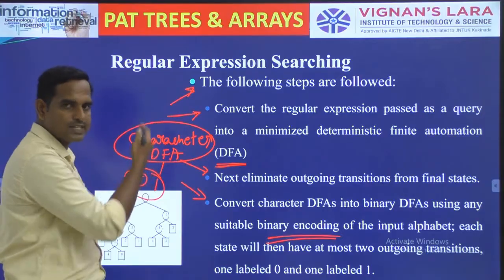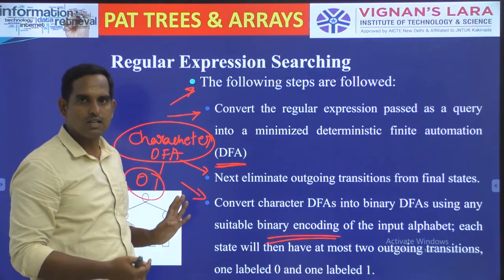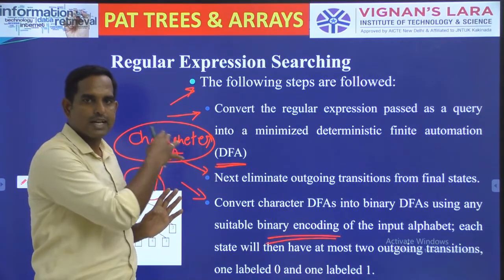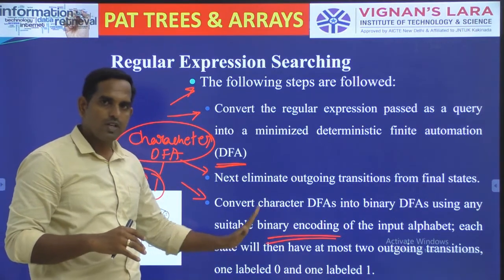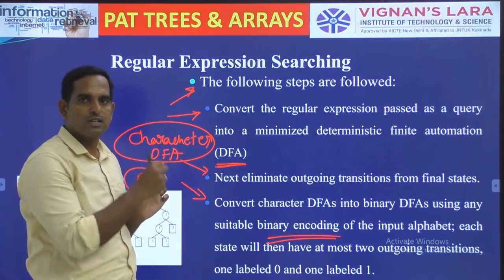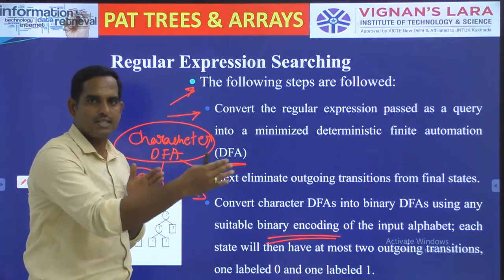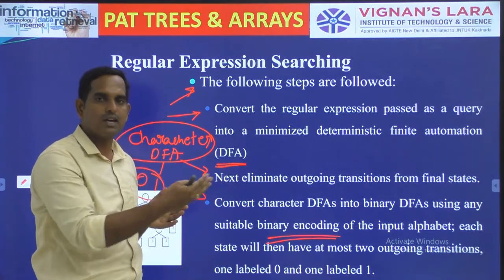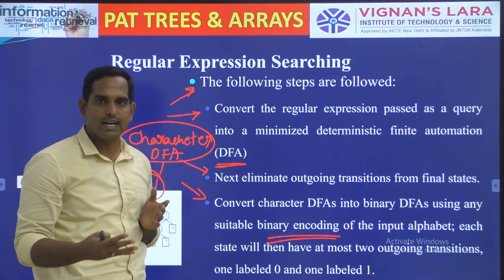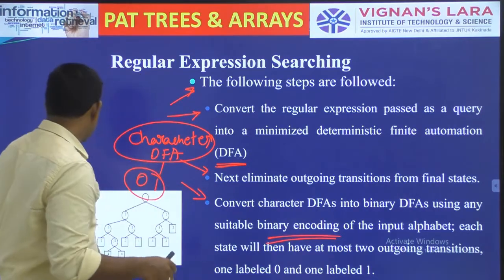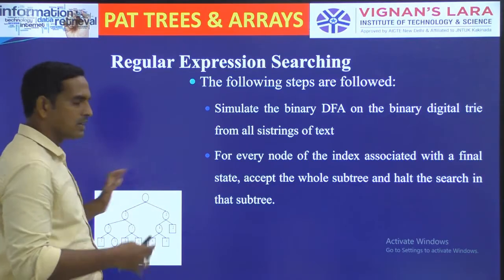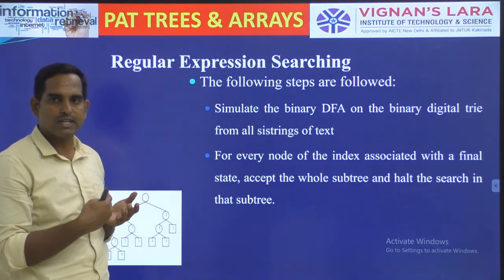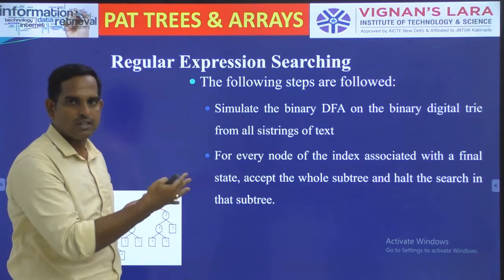That is, encode each and everything into zeros and ones. Take all the particular characters and encode them into zeros and ones. Now, you will be having a DFA with zeros and ones. That is, on transition 0 you will be having one state, and transition 1 will be having another state. That is how your complete regular expression is converted into a particular DFA with binary encoding.